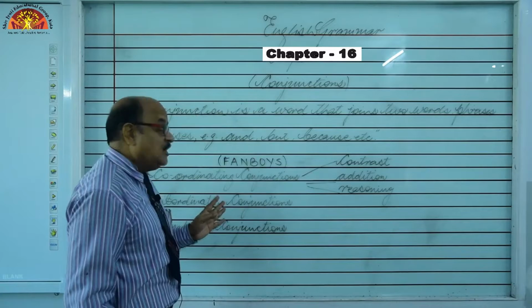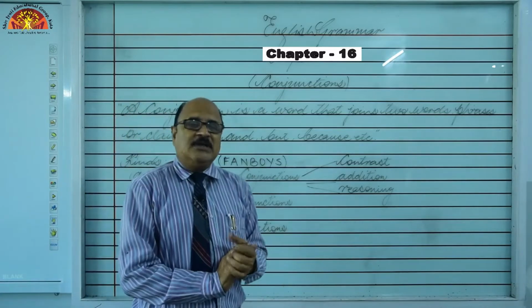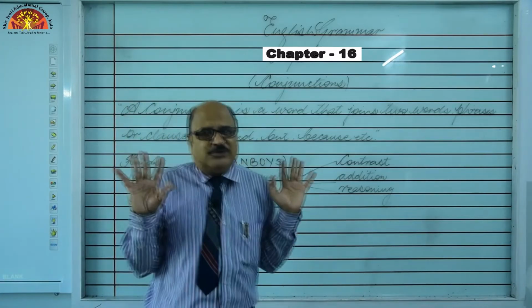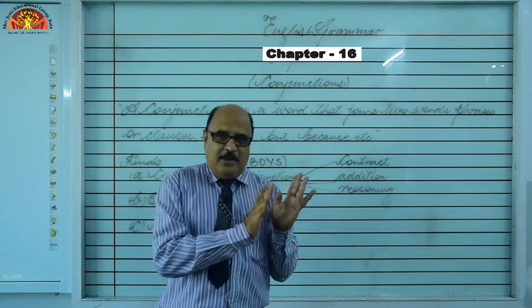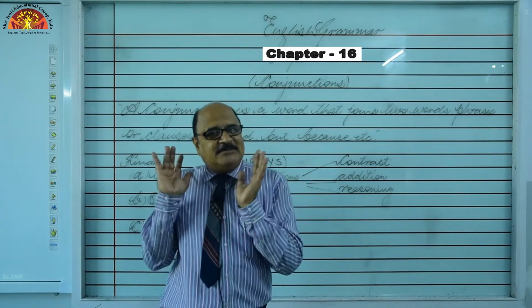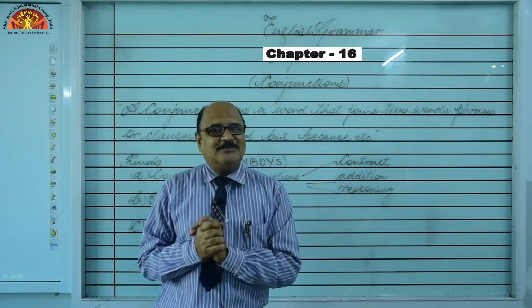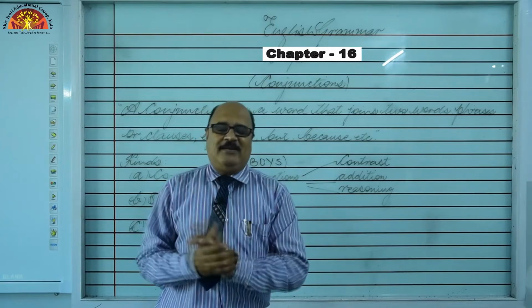So, these are three coordinating conjunctions. Subordinating conjunctions, subordinate means at least two clauses are there. One is main clause or independent clause, and second one is subordinate clause or dependent clause.